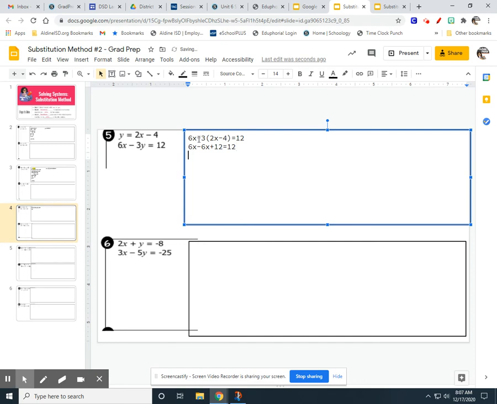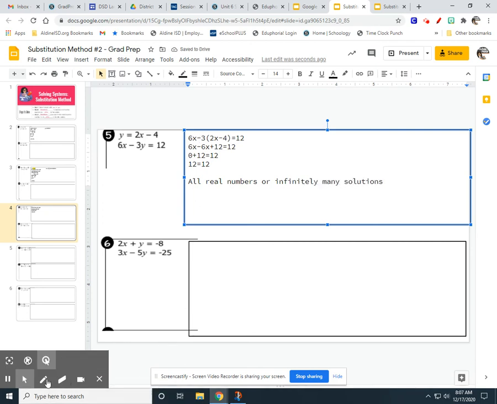And look at here. 6 minus 6 is going to be 0. So 0 plus 12 equals 12. They both equal each other, so from what we learned in the last class period, this is going to be all real numbers, or infinitely many solutions, whichever one you want.